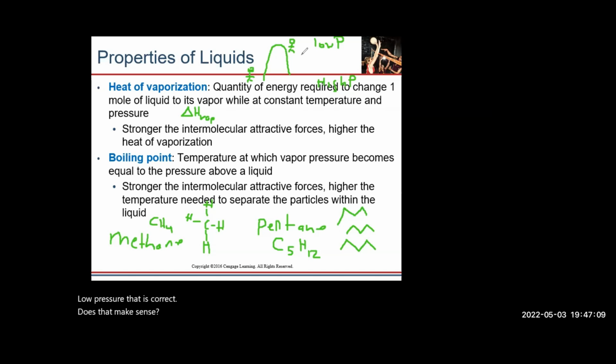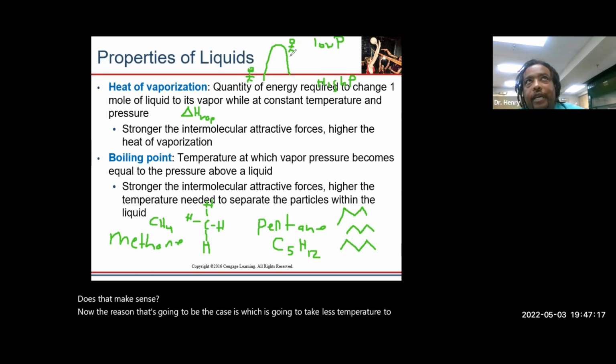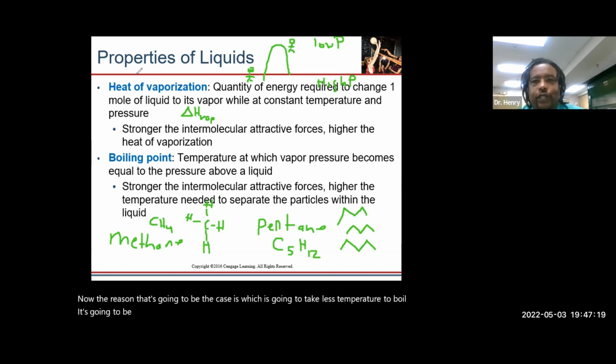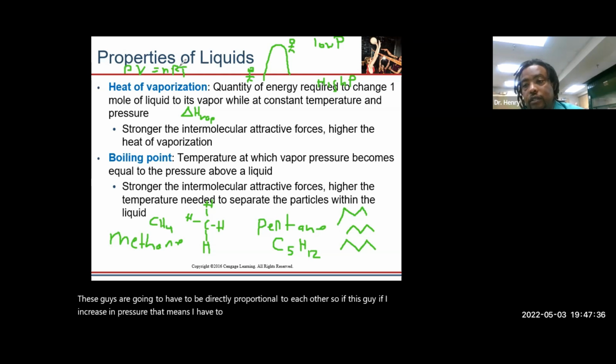Does that make sense? Okay. Now, the reason it's going to take less temperature to boil is that PV equals nRT. These are directly proportional to each other. So if I increase the pressure, that means I have to increase the temperature.